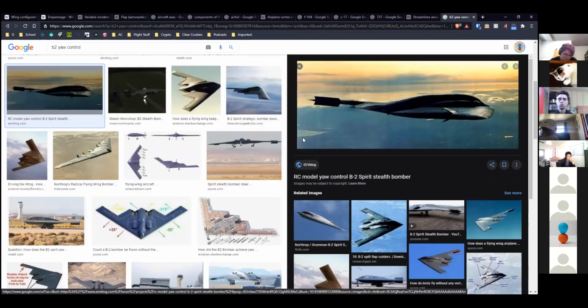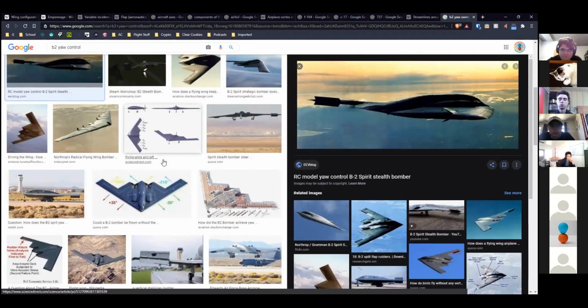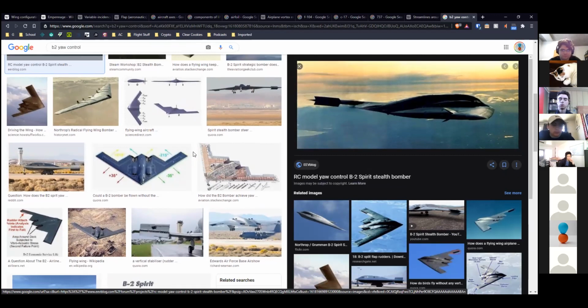You can have some, I think it's called an augmented control system, that has some feedback dampening or input modification. That's not a full fly-by-wire, but this plane is full fly-by-wire.